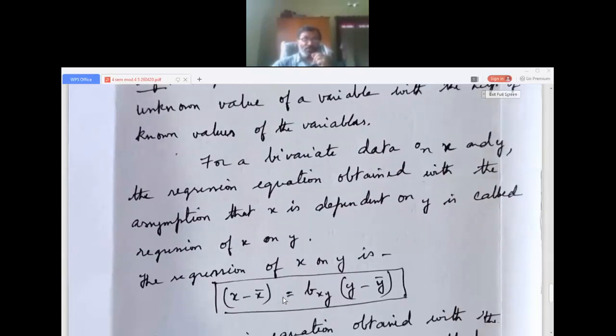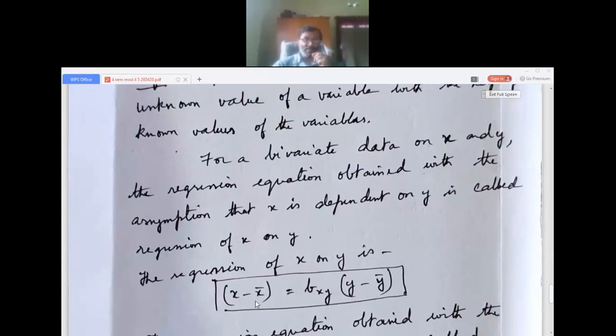The regression of x on y is given by x minus x bar equals b of xy into y minus y bar.